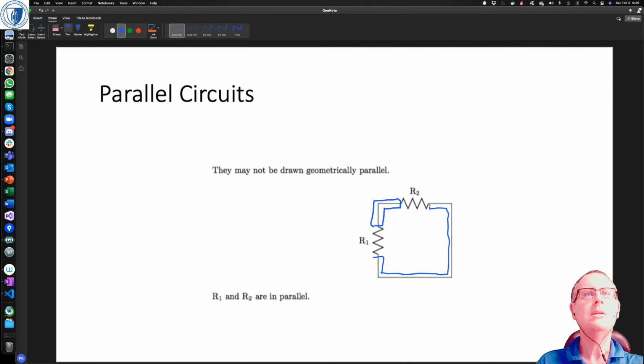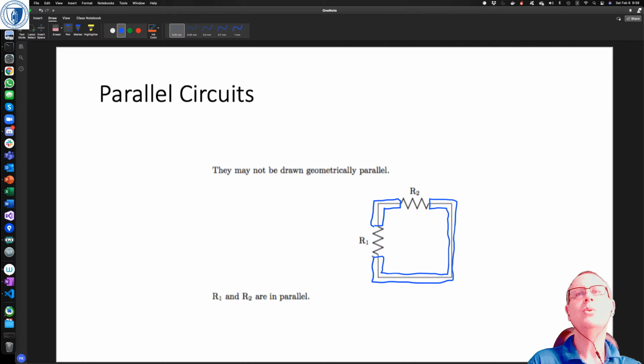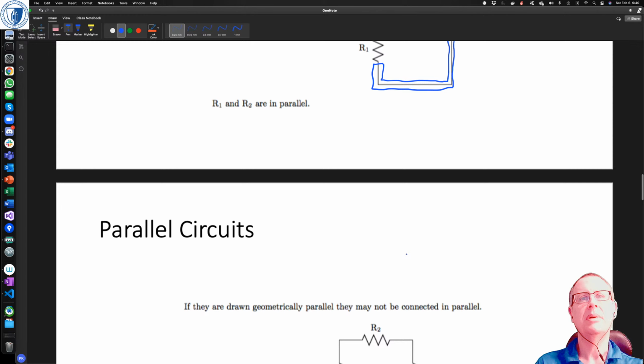There's only two nodes, and R1 and R2 are connected between the same two nodes. So R1 and R2 are in parallel. Just because two devices are geometrically in parallel doesn't mean they're electrically in parallel.